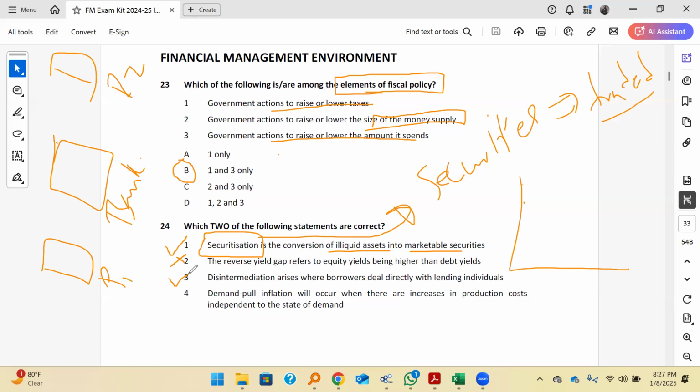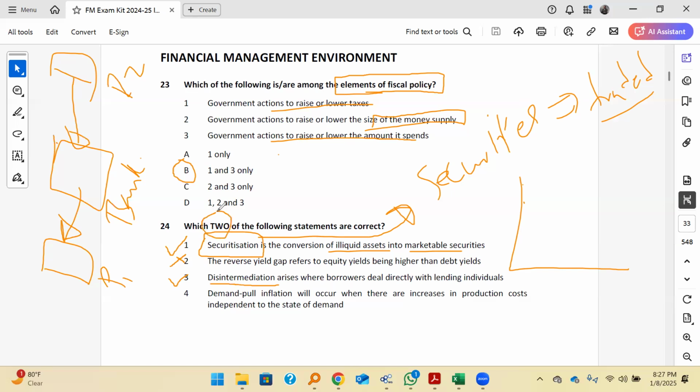This person deposits his money in the bank, and the bank lends this money to the borrower. So that's what we call an intermediary. When you do disintermediation, you are removing the intermediary, removing the bank in this case, such that borrowers and lenders can meet and deal directly with each other. So that is also correct. And we are looking for 2 correct points.